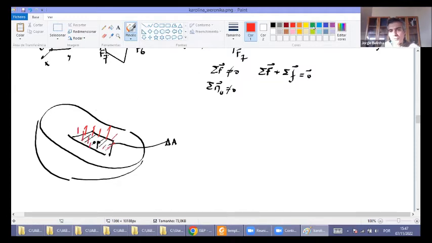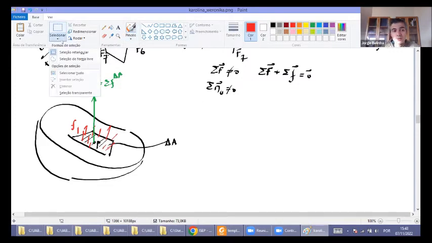If we make the sum of all those forces, maybe we'll get this vector here, which we call delta F: the small forces only on that area. If you sum all these small forces on this area, you'll get this delta F.